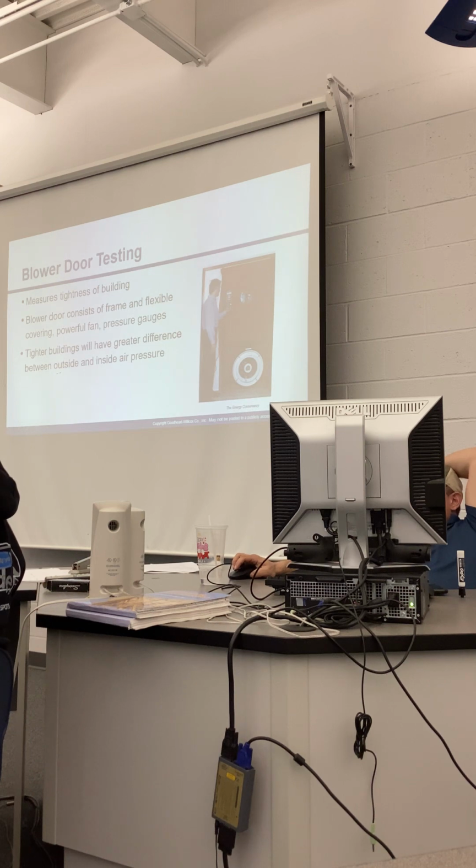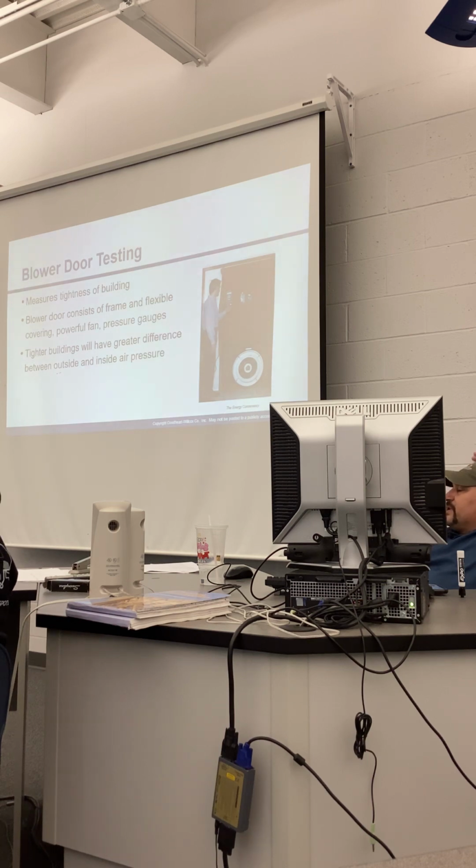So we put this in, now it's starting to be code in certain places, like Carbondale, I think it's code that you have to run a blower door test and it has to meet a certain standard. But this is a blower door and you put a fan and a meter and you turn the fan on, you adjust the fan setting until you have a negative 0.5 barometer on the inside of the house.